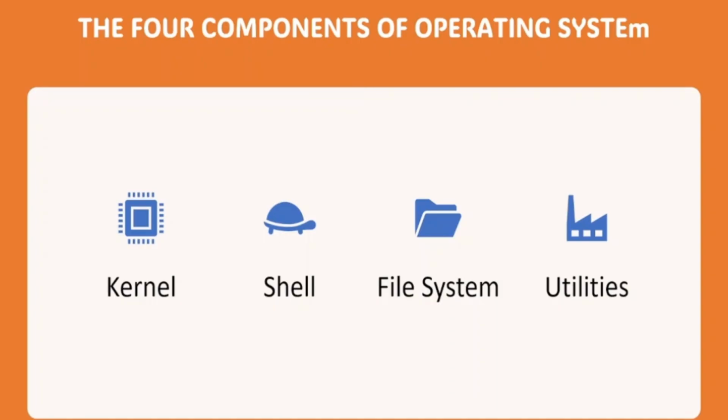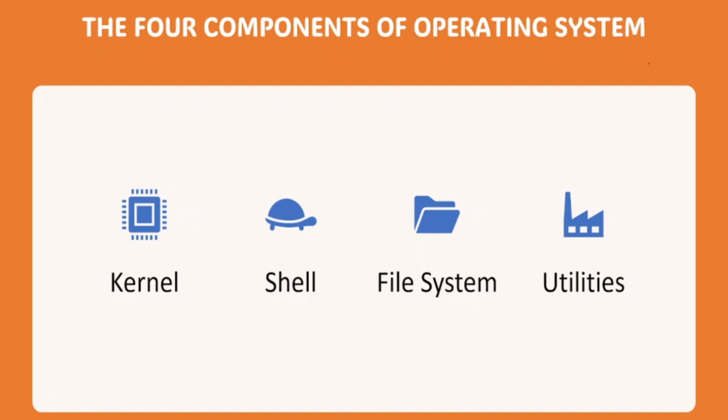Now, we have 4 components inside of the operating system, the way I break them down. When you take a look, we have 1, 2, 3, 4. In case you don't get it: the kernel, the shell, the file system, and utility.